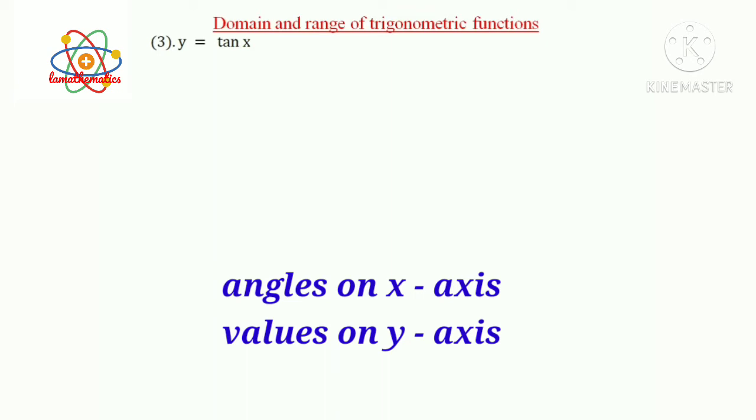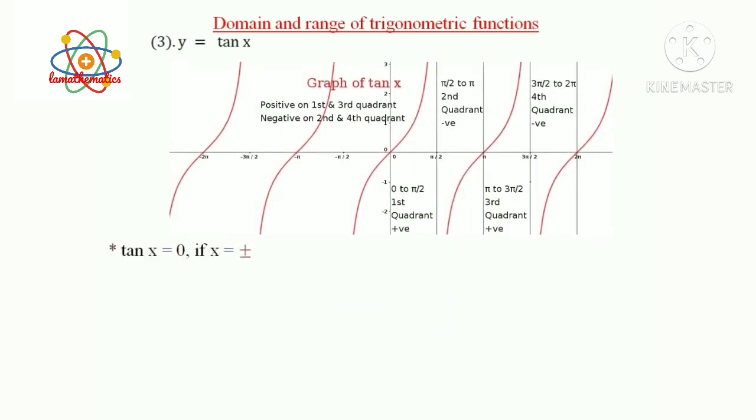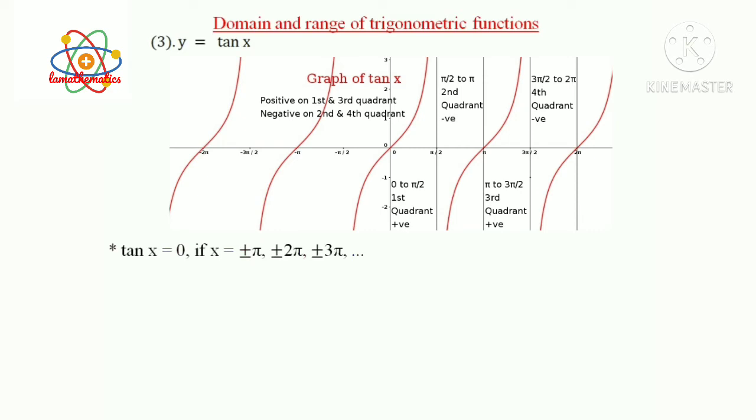We have studied the values of tan angles: tan 0, tan pi by 6, tan pi by 4, tan pi by 3, tan pi by 2, tan pi, etc. From the figure, it is clear that tan x equal to 0 if x equal to plus or minus pi, plus or minus 2 pi, plus or minus 3 pi, etc. That is, tan x equal to 0 if x is an integral multiple of pi. Therefore, tan x equal to 0 implies x equal to n pi, n belongs to the set of integers.